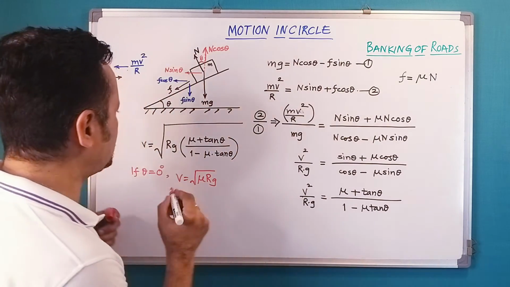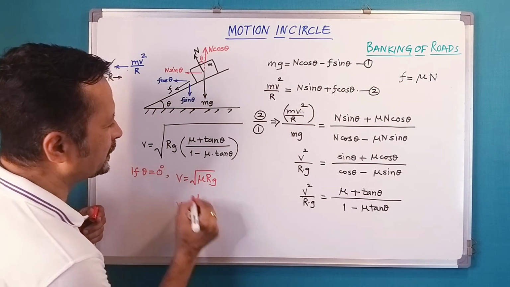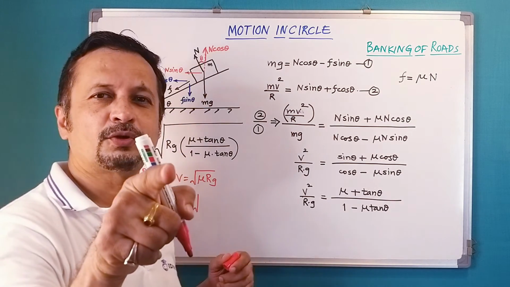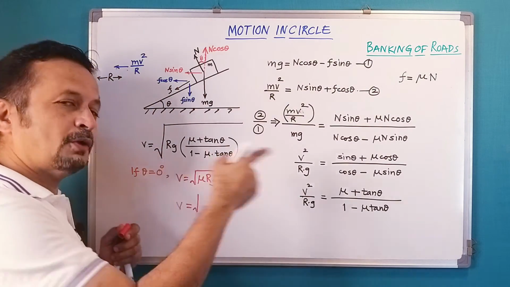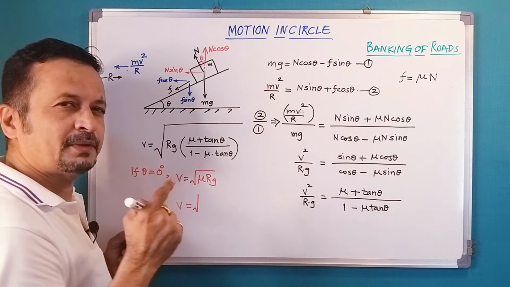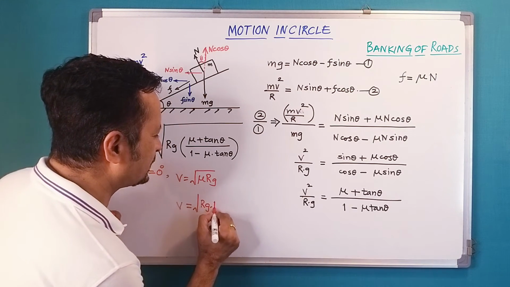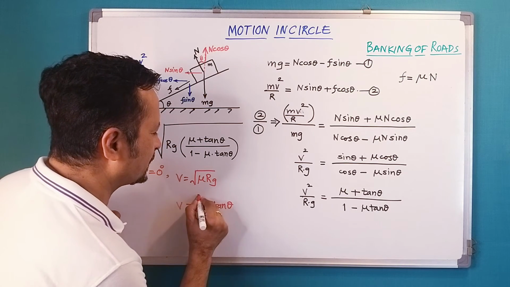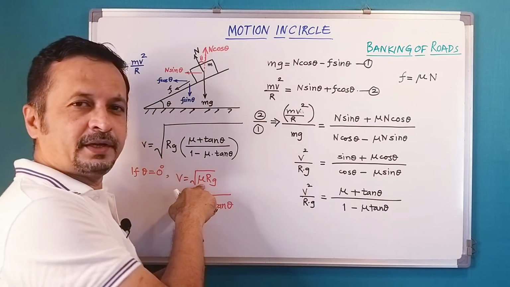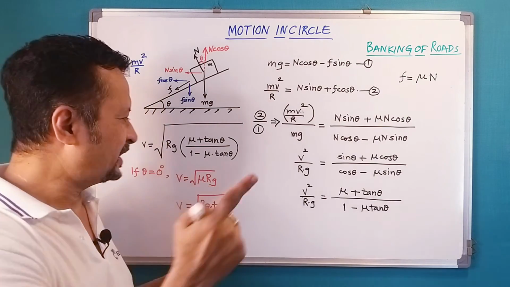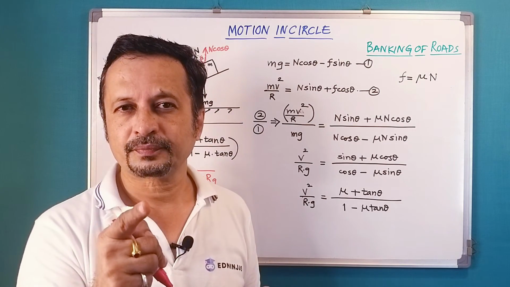In that case, mu is 0, but tan theta is there, so the denominator again becomes 1 and the numerator becomes only tan theta. So v would be equal to root over rg tan theta. So the role of the coefficient of friction in the first case is taken up by tan theta.